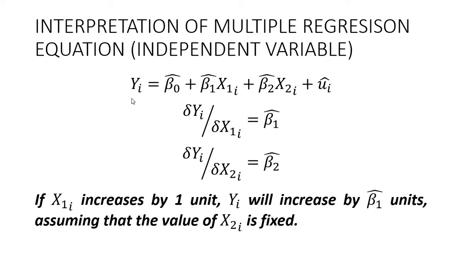So for instance, beta 1 will stand for the partial derivative of y with respect to x1, it will tell you by how many units y will change in response to a 1 unit change in the value of x1, assuming that the value of x2 is fixed. Analogously, when you calculate the partial derivative of y with respect to x2 and you obtain beta 2, you assume that the value of x1 is fixed.